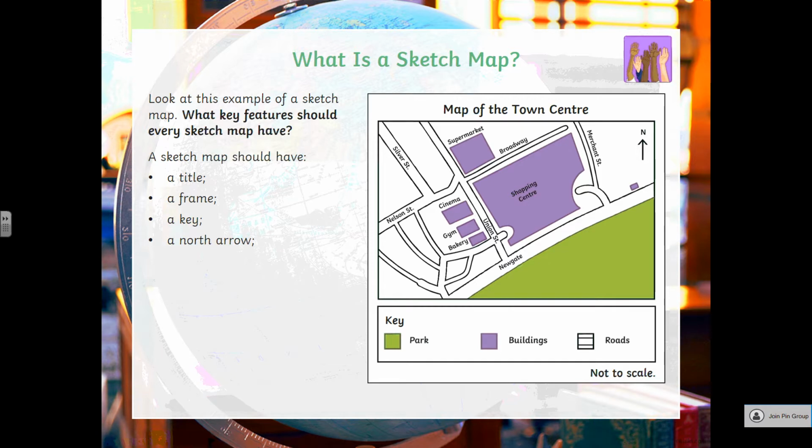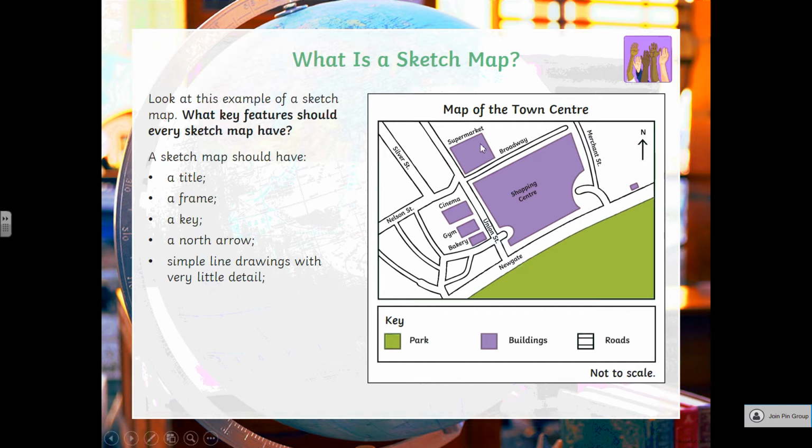We also need that north arrow so that you can figure out which way round to hold your map. And we want simple line drawings. We don't want lots of detail. So even if there was a lovely bush with lovely flowers, we don't want to draw all of those lovely flowers. We don't need to. What we want are simple drawings.